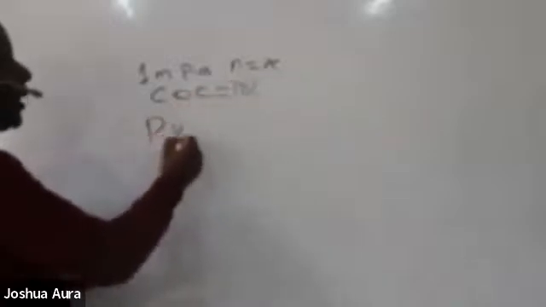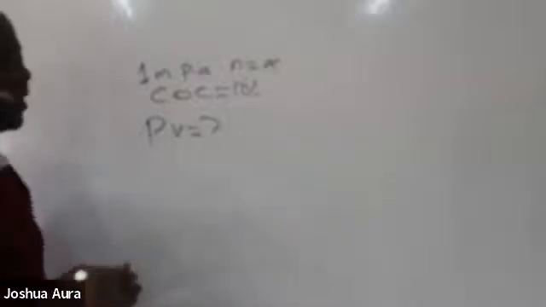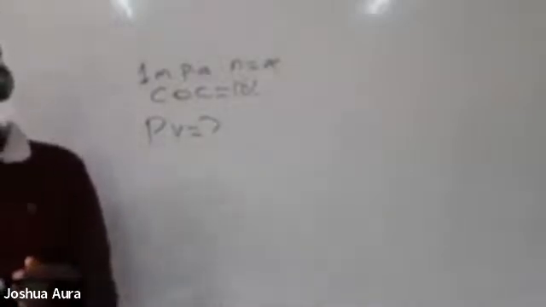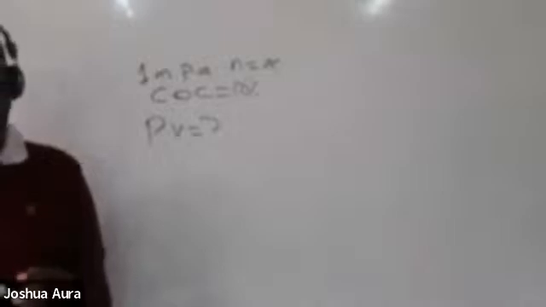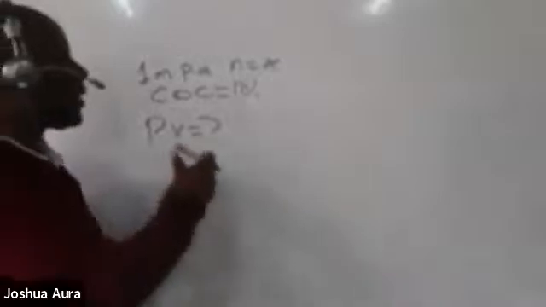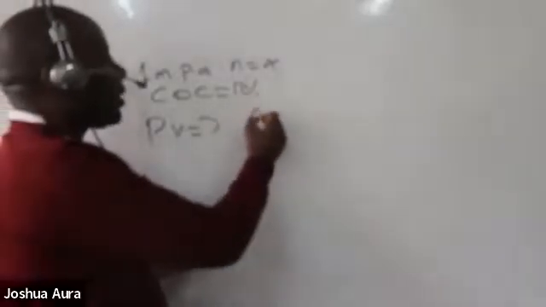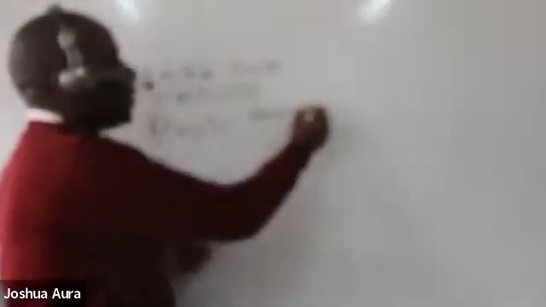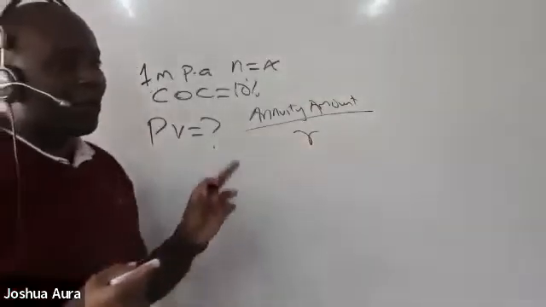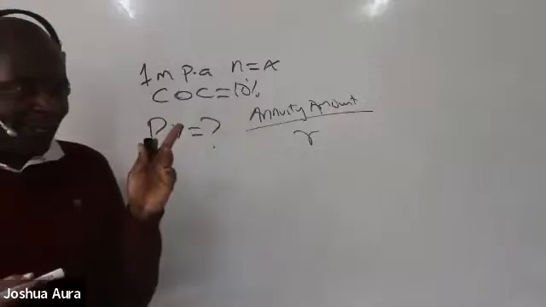Then what will be the present value of L's promise? Somebody in this case that is infinite. So in this case present value will be the annuity amount over what here? Is there somebody who is able to remember this kind of concept?